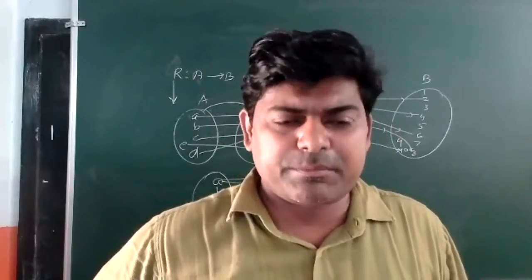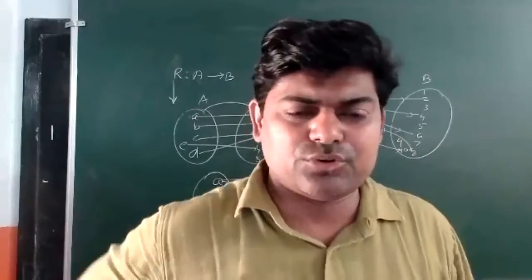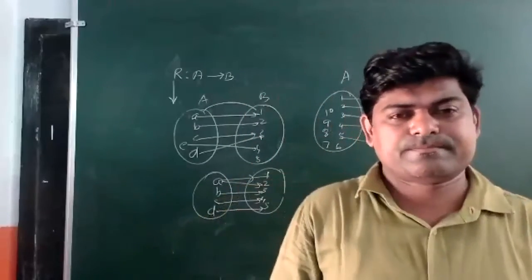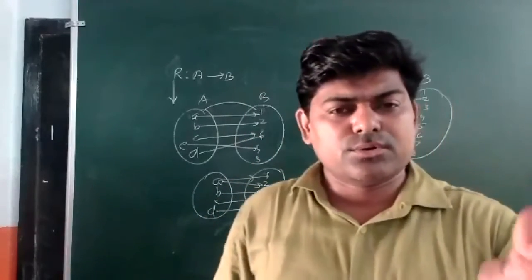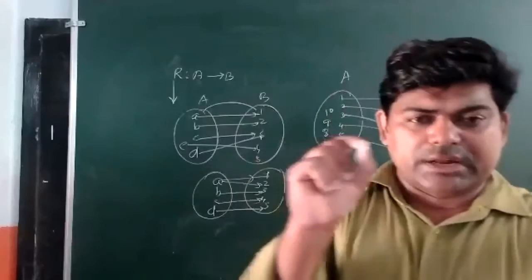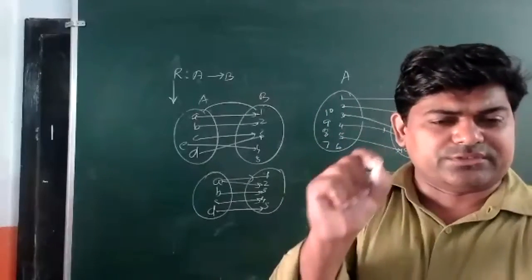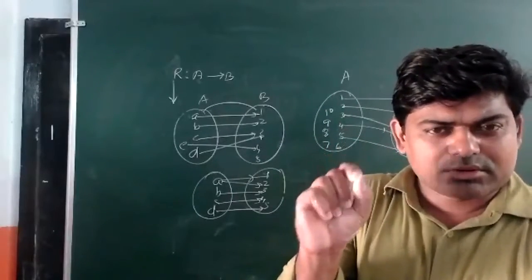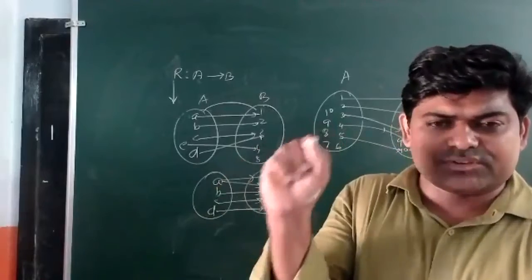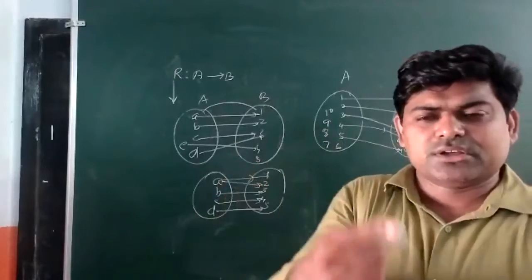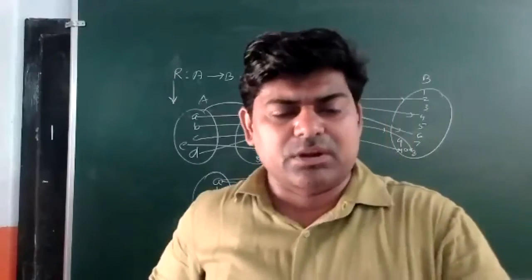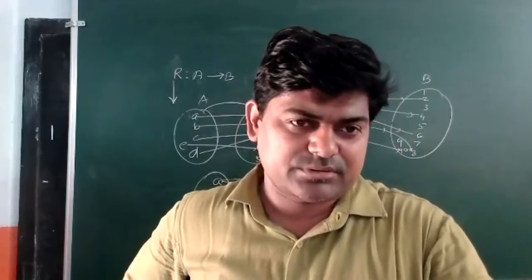It's okay. But before that, one more point I want to tell you. In the function, as I told you, domain, range, and codomain. When R is the relation defined from A to B, I think we discussed that domain will be the set of the first elements.